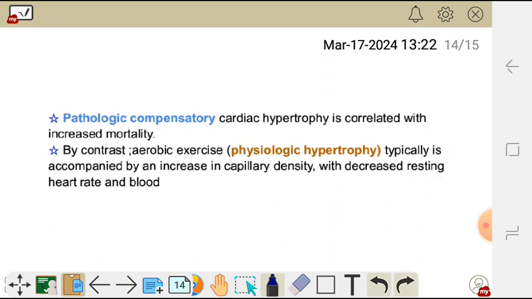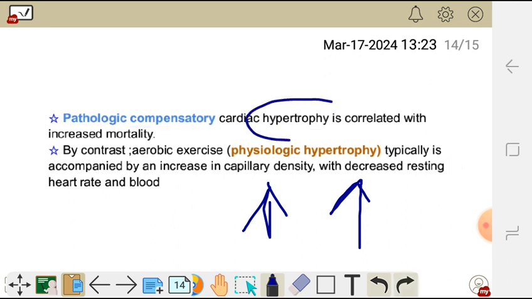But now in heart failure, even when you are resting, it is always high. That's why pathologic hypertrophy is not good, but physiologic hypertrophy is good. Why? Because it is accompanied by capillary density, and also when you are resting, the heart rate will decrease and also the blood pressure will decrease.